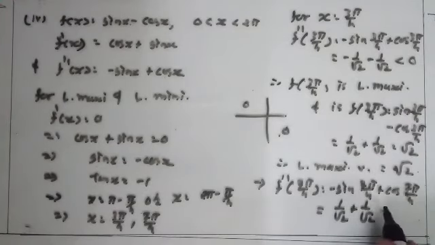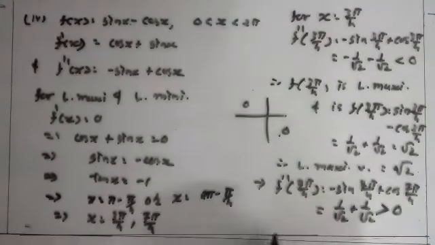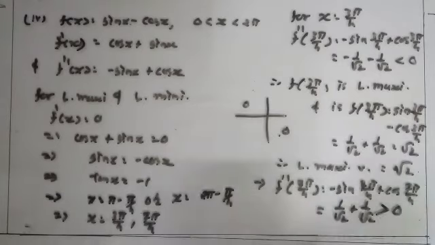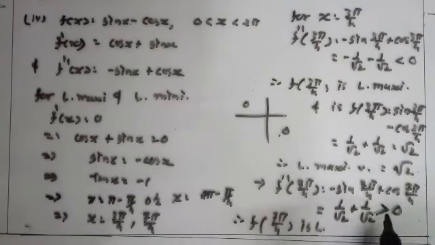Here both are positive, so the value of f double dash at 7π/4 is greater than 0. Therefore we say that f 7π/4 is a local minimum, since it is greater than 0. Clear?